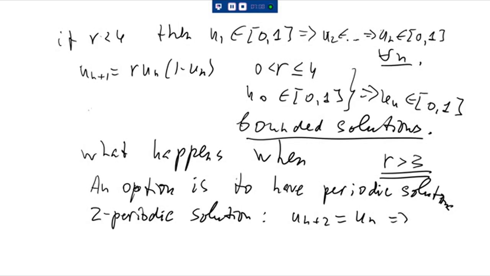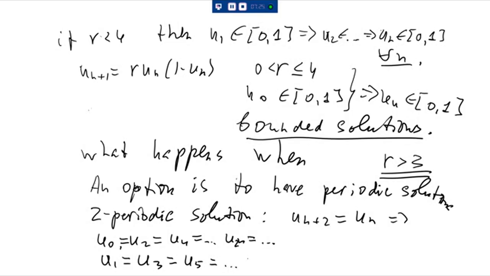And from here we can see that, for example, u0 equals u2 equals u4 and so on, all even terms in the sequence are equal to each other, and all odd terms equal to each other. And they are not necessarily equal to each other.